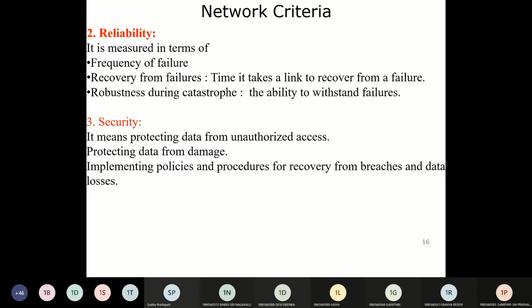So implementing policies and procedures means implementing protocols. So all that comes under security. And your network must be able to meet all these criteria. So these are some of the very important factors that affect the network. The first one is performance, second one is reliability, and the third one is security.